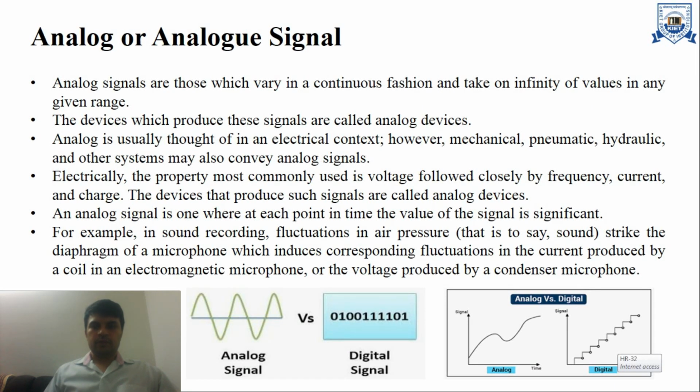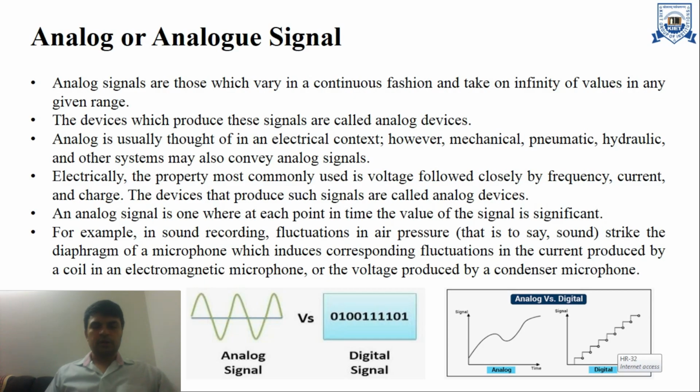Analog is usually thought of in an electrical context. However, mechanical, pneumatic, hydraulic and other systems may also convey analog signals. Electrically, the property most commonly used is voltage, followed closely by frequency, current and charge.